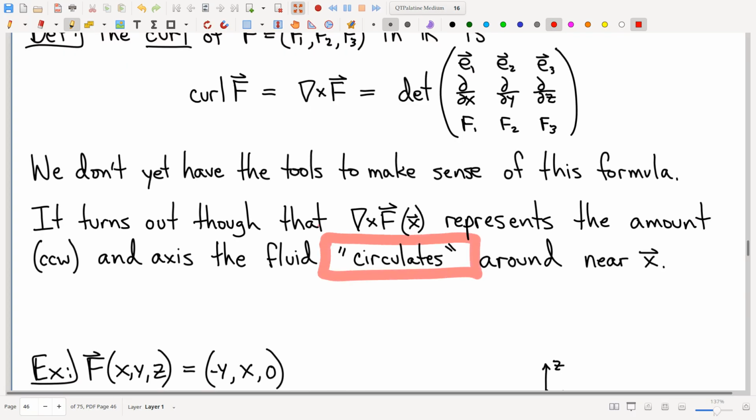Full apologies that I haven't defined that yet, and so you can't know what it means, and so none of this is y'all's fault at all, right? But you notice I did not say that the fluid is curving. I didn't say anything about flow lines, right? In fact, circulation that we will define has no direct connection to flow lines.